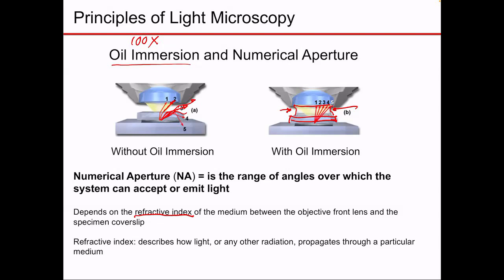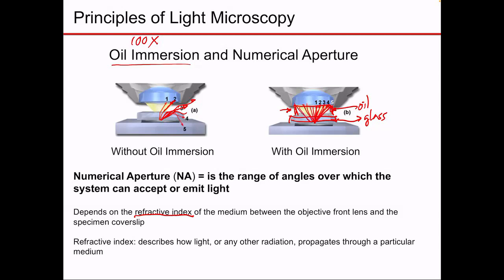How can we solve that problem? Well, we add oil. Why? Because this oil has a similar refractive index to the glass slide. As a result, when the light passes from the glass to the oil, the light is not going to refract that much, and the objective is going to collect more light.